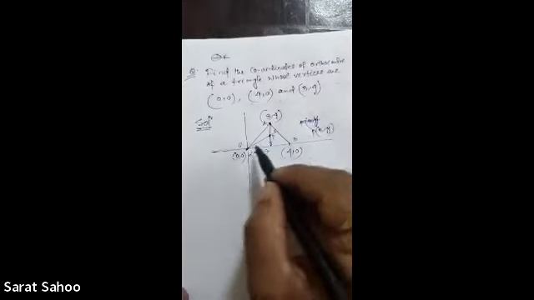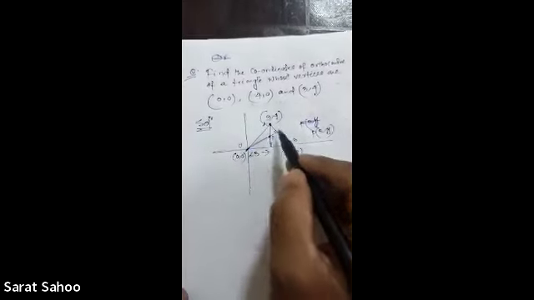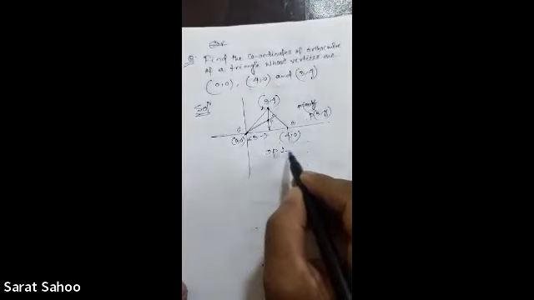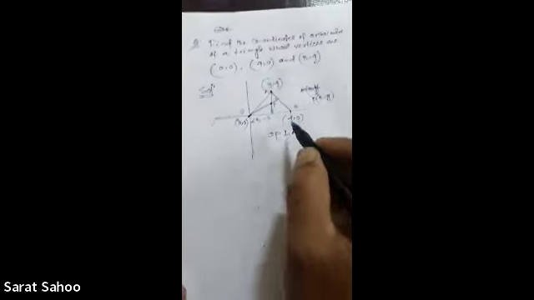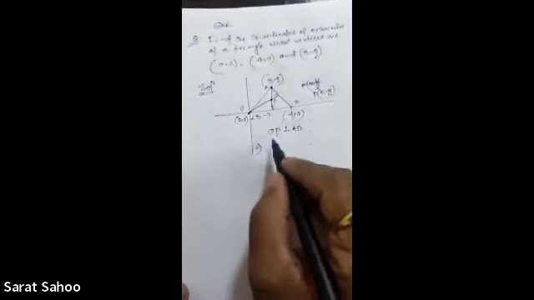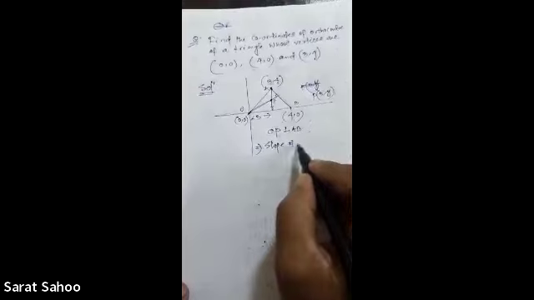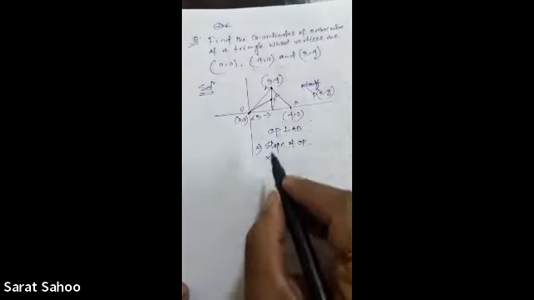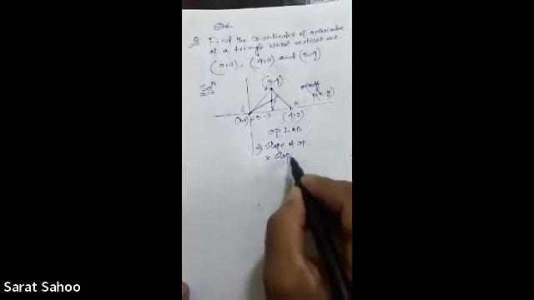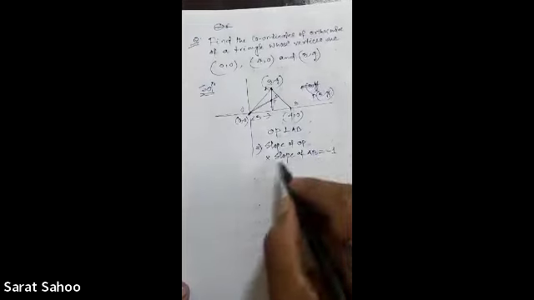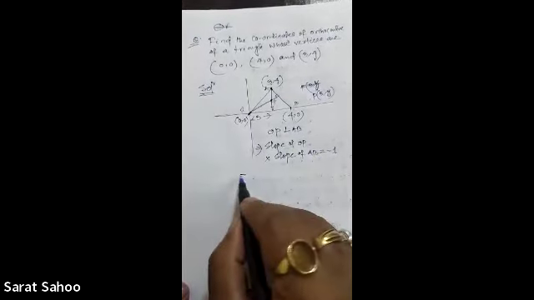Coordinates of this point are 3, y. So this line OP is perpendicular to AB. This implies slope of OP into slope of AB is equal to -1.